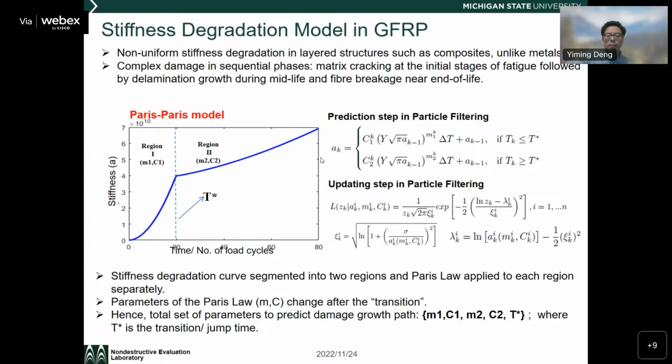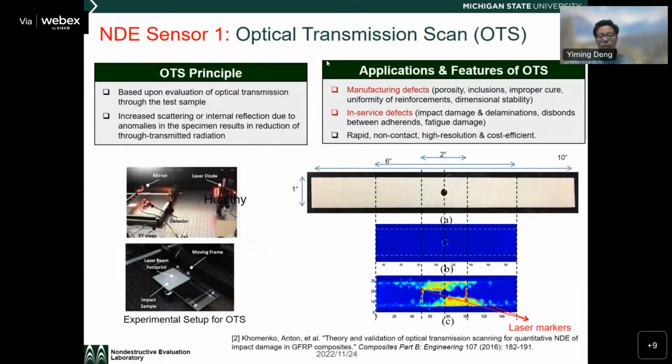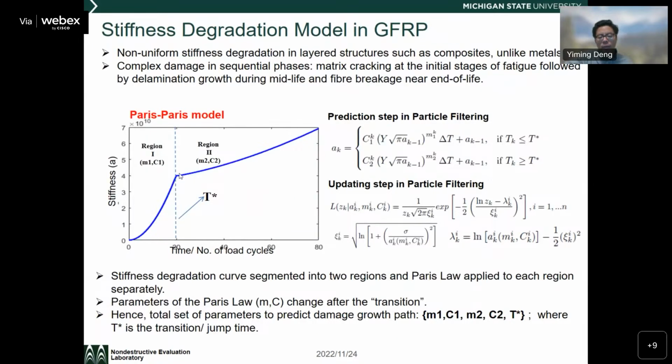Okay, so with that knowledge, we can develop a model. Now we have two sets of parameters, M1, C1, M2, C2, to describe the growth of this damage, a_k, at the k-th step. For t_k less than this T star, the transition or jump time, you use C1, M1 to describe the damage growth.